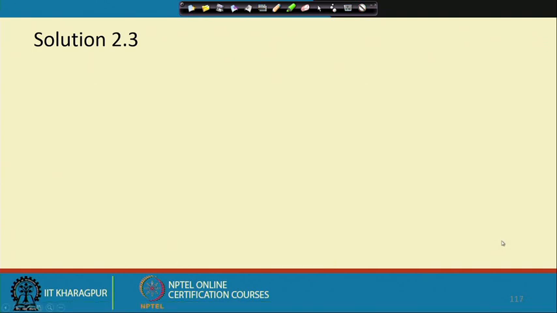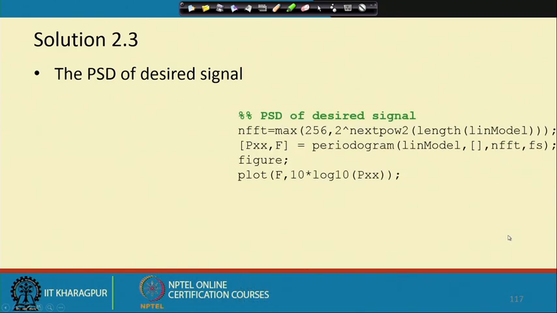So, next we create the PSD of that desired signal. As we have the signal here, the linear model. Now, to create the PSD, the first point is to select how many points FFT we would use.